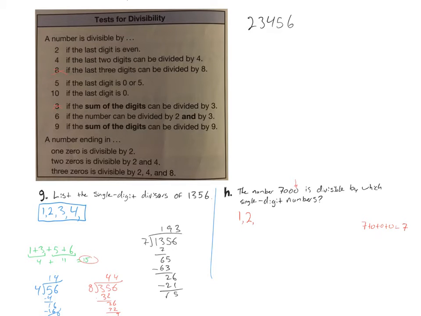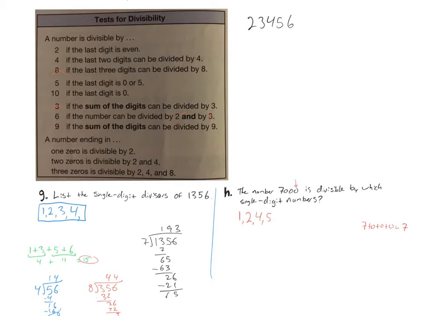Then let's check 4. If the last 2 digits can be divided by 4, so 0, 0 can be divided by 4. So I'm going to say 4. 5, the last digit is 0 or 5, so I can say 5. 6 is divisible by 2 and 3. 2 checked out, but 3 did not.